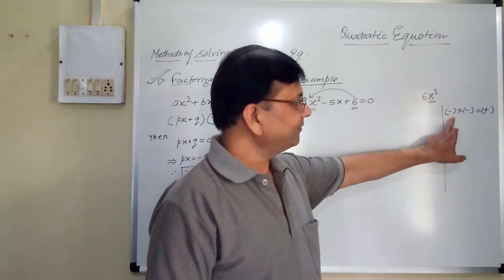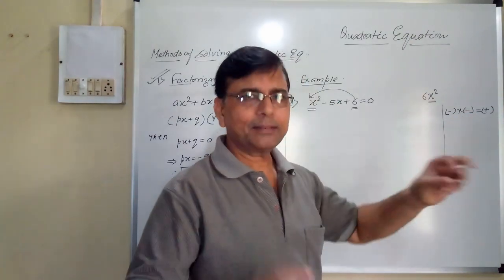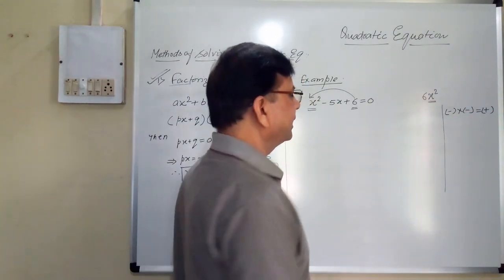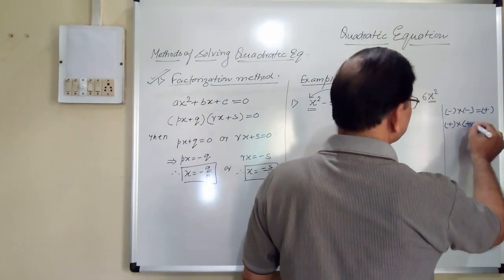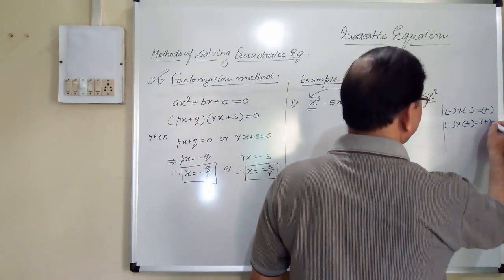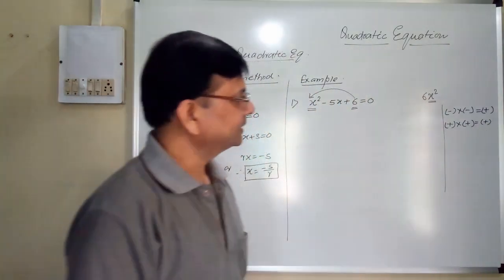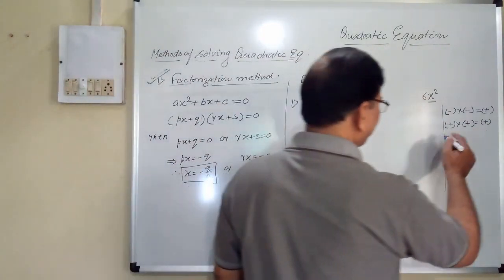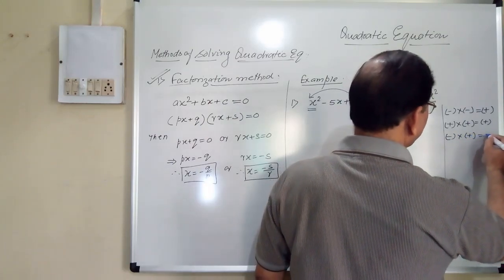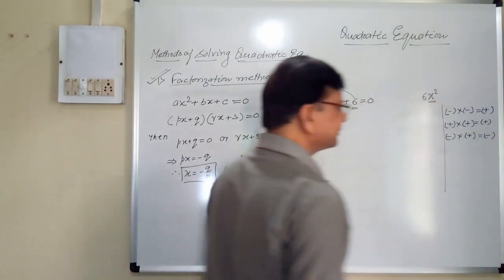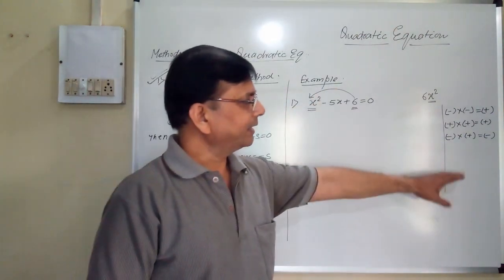One number is negative, another number is negative, then the product will be positive. One number is positive, another number is positive, then the product will be positive. Third case, if one number is negative, another number is positive, then the product will be negative. This is a very important thing.